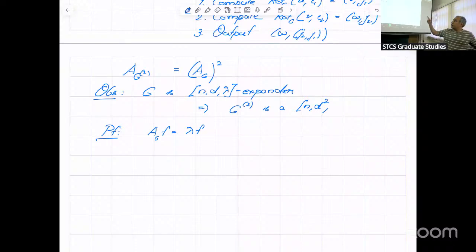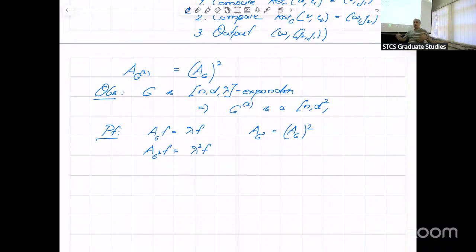We had a particular eigenvector eigenvalue pair for A_G. For A_G squared, what is A_G squared f then? Lambda squared f. So the set of eigenvectors will be the same set of eigenvectors, and all the eigenvalues will just be squares of the previous set of eigenvalues. So what will lambda be? Lambda will be lambda squared.